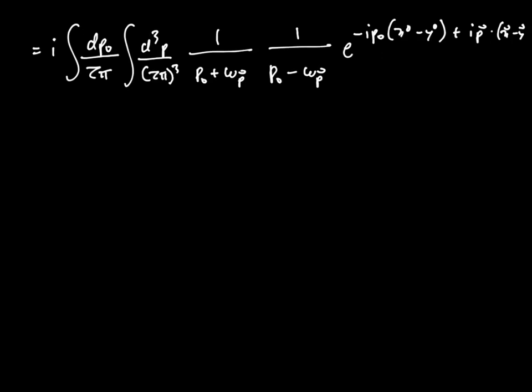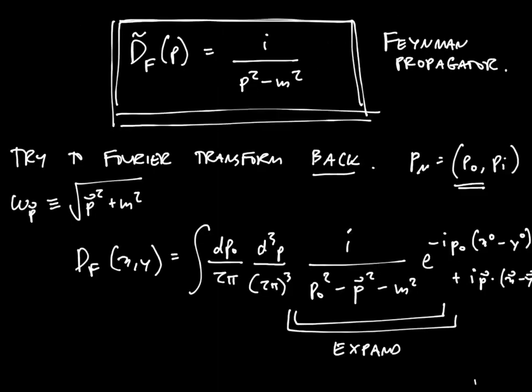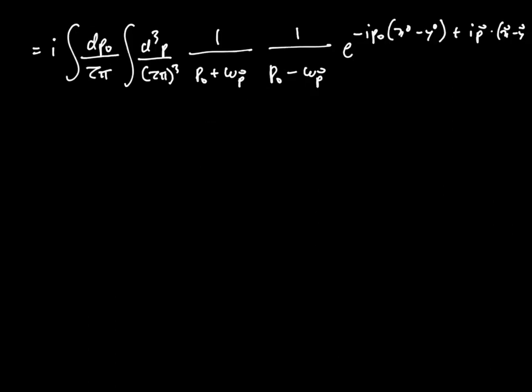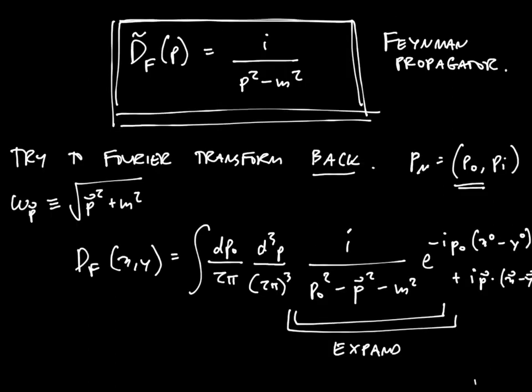Okay, so now what's happening here? What I just did was, just to be clear, I just expanded this thing out. You can multiply together these two products and you're going to get p naught squared minus omega p squared, which is, of course, just exactly what's here in the denominator.